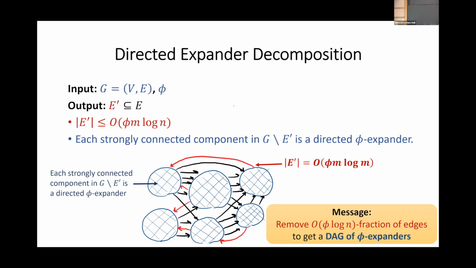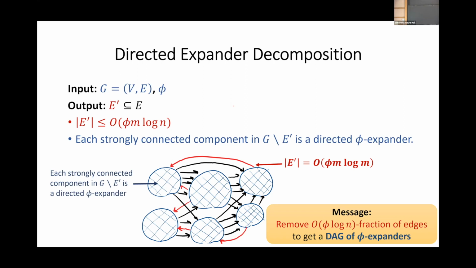And what do we get after that? If you look at the strongly connected components in the graph after deleting E prime, the red edges, each strongly connected component would not just be connected, but would be a phi expander.